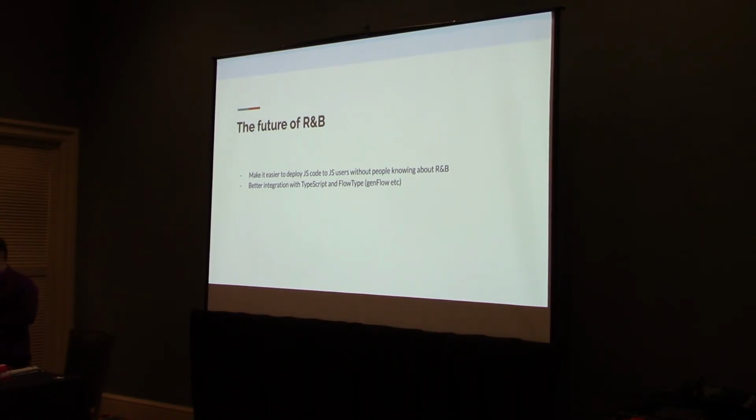And we are also working on better integration with TypeScript and Flow, because now we have OCaml generate JavaScript code which is untyped, and then you have a Flow or TypeScript code base. It means you actually lose some type safety, because now you have purely type checked code mixed with untyped code. So it's some kind of regression.